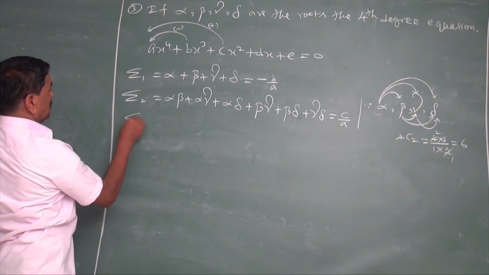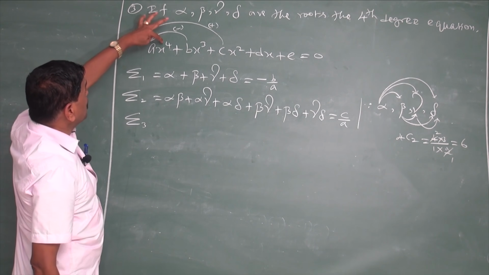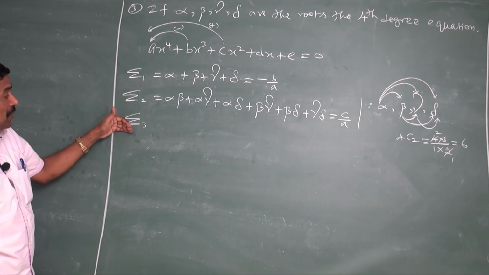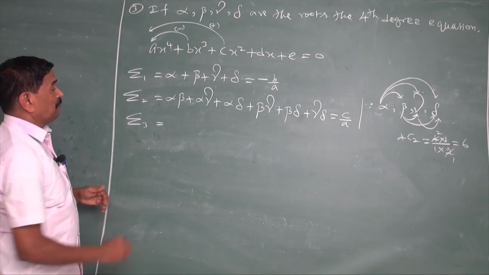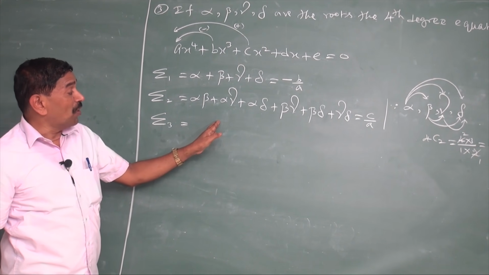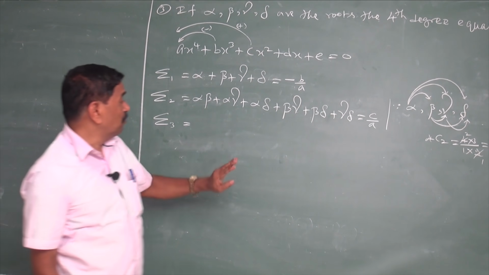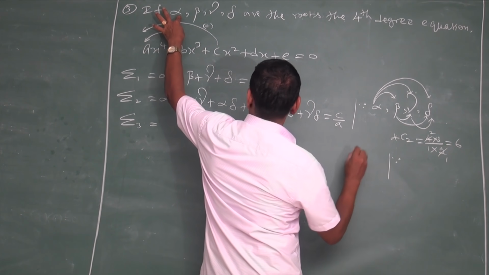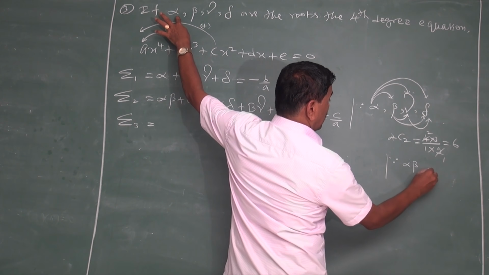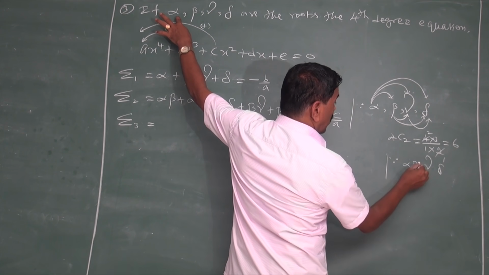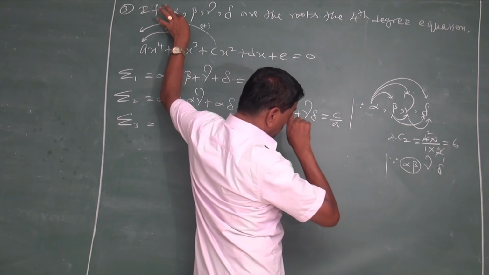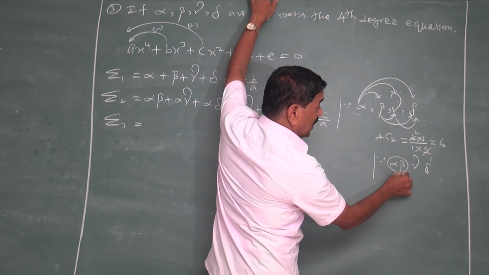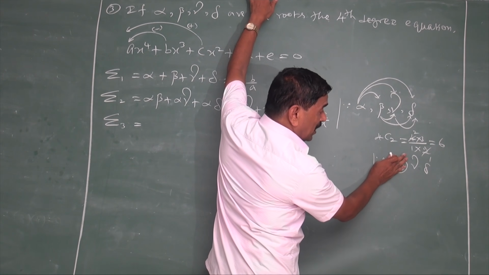Next is sigma 3. It is a 4th degree equation, so up to sigma 4 we have to find sigma 1, sigma 2, sigma 3. Now sigma 3 means the sum of the product of all the roots taken 3 at a time. Consider the rough work: alpha beta gamma delta. Now consider alpha beta as one group.